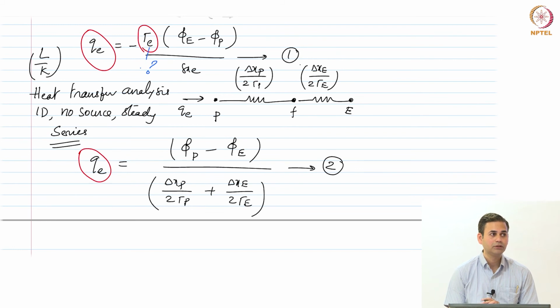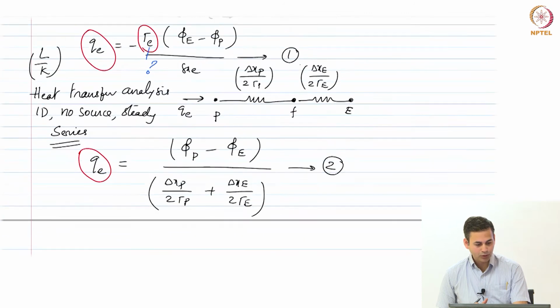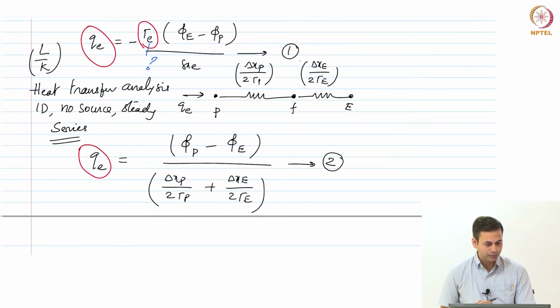Agree? Yes? Okay. That means let us equate these two. So, what do I get if I equate these two? Phi East minus phi P. So, there is a minus here, this minus will rearrange this thing, okay. Then if you bring gamma E down, we have delta x E by gamma E equals this entire thing in the denominator, right.